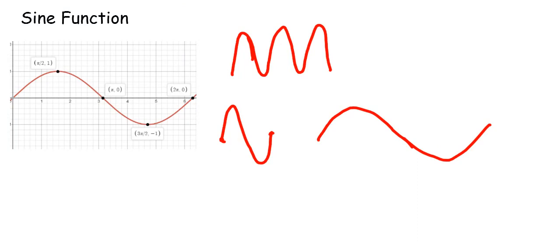The period, so of the basic, how long does it take to go around to complete one turn? 2 pi. So the period, if it's not transformed, is 2 pi. But the period can be anything. So let's say, for example, I'll just make up the values here.